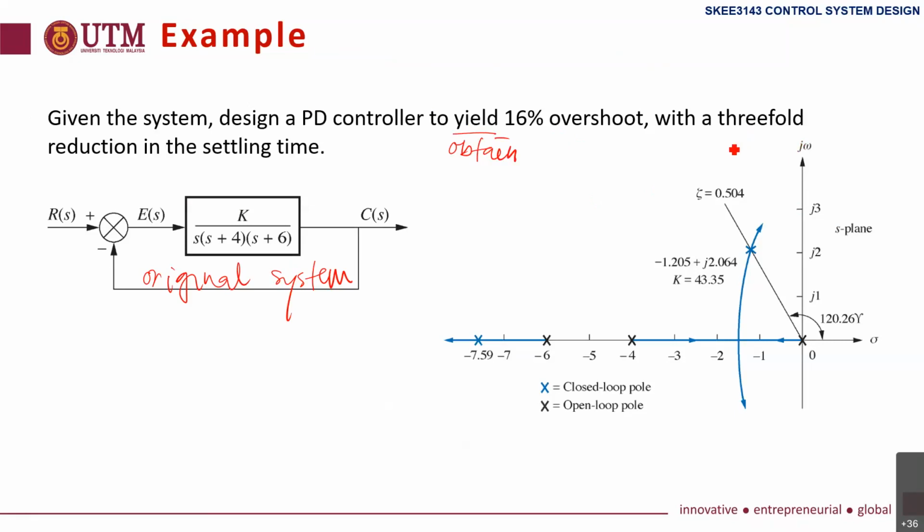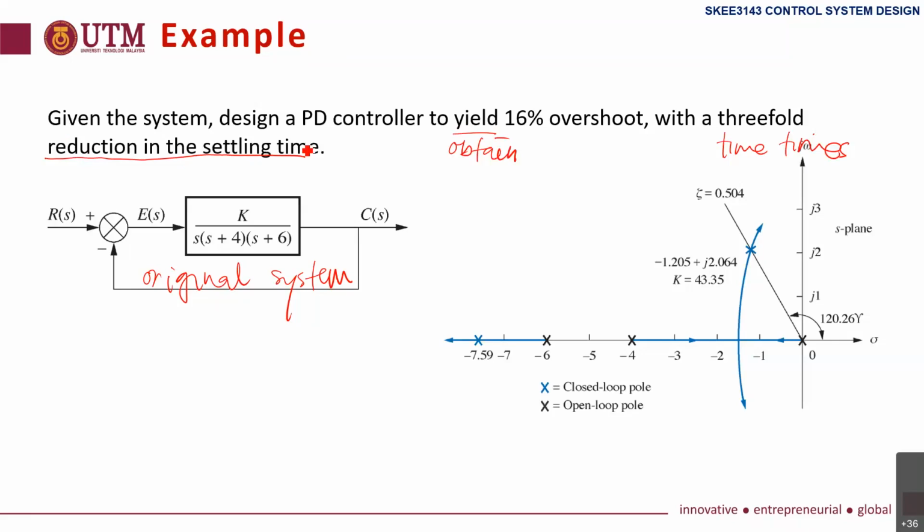Threefold means 3 times. If initially 3 seconds, we want it to be 1 second. If 6 seconds, we reduce 3 times, become 2 seconds. So it will depend on the original system.